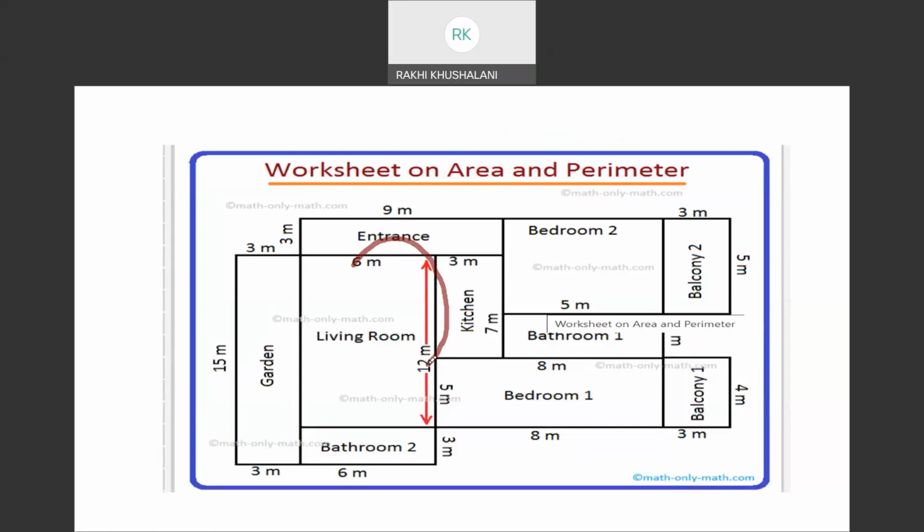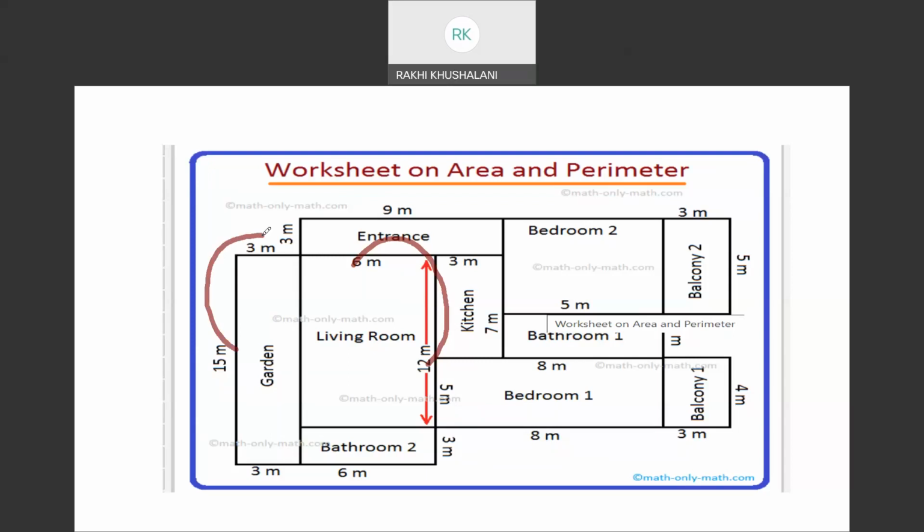Similarly, if I ask Papa what is going to be the area of our beautiful garden, Papa will tell you, beta, it's 15 into 3. That makes it 45 square meters.